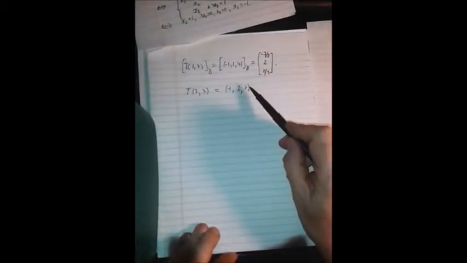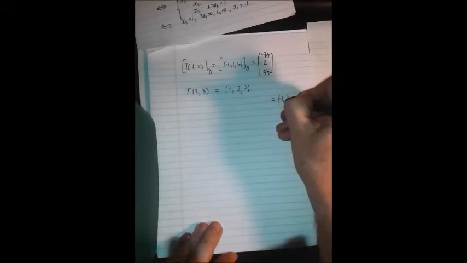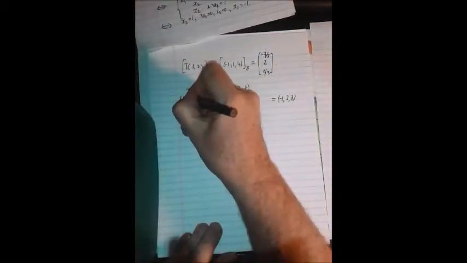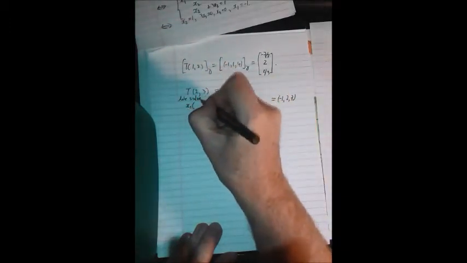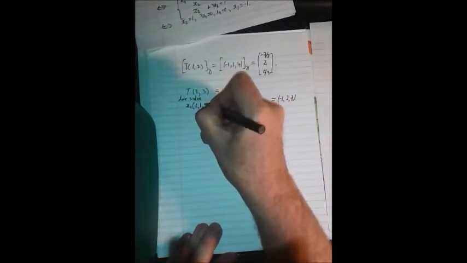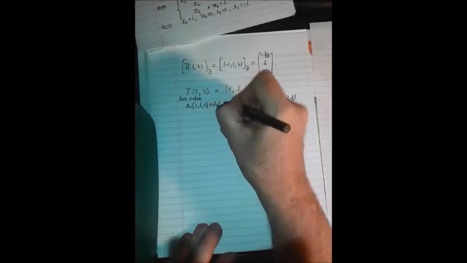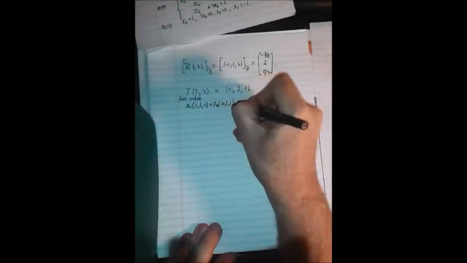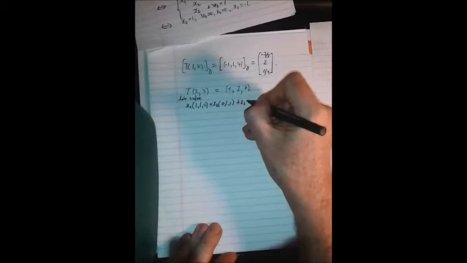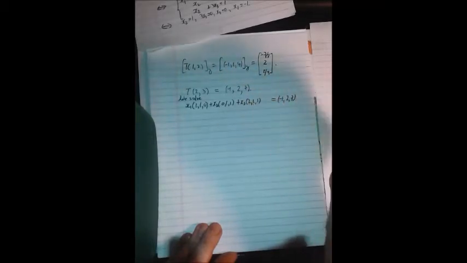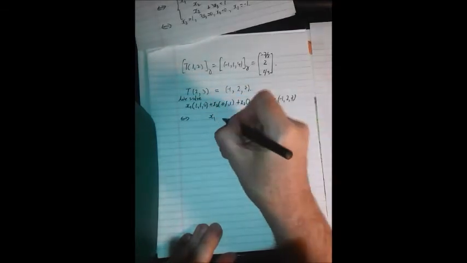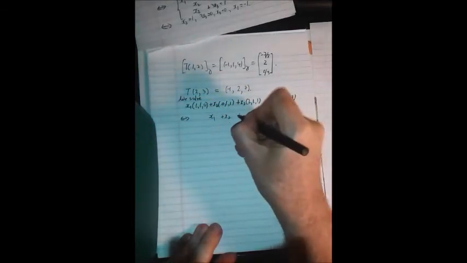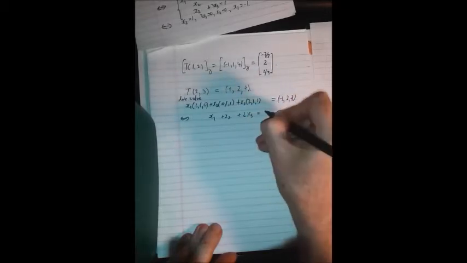So we need to calculate the coordinate vector of this relative to gamma. So we need to express that vector in terms of the vectors in gamma. So we solve a similar equation again. Okay, so now our system of equations is x1 plus 2x3 equals -1.